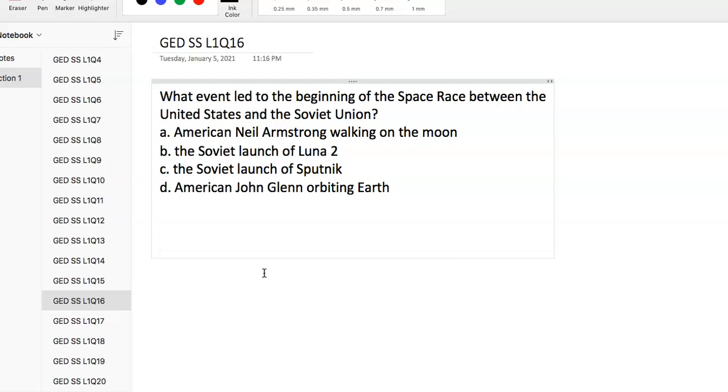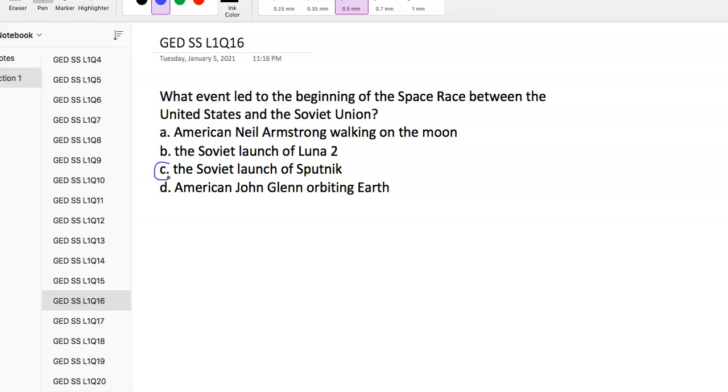Okay, so we can be asked about space race type of stuff. This is, again, another Cold War thing. Space race between the Soviet Union and the US was a big part of the Cold War. What event led to the beginning of the space race between the US and the Soviet Union? Okay, so we would like to be familiar with what Sputnik was.